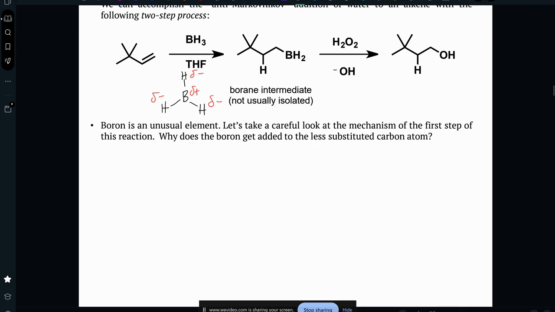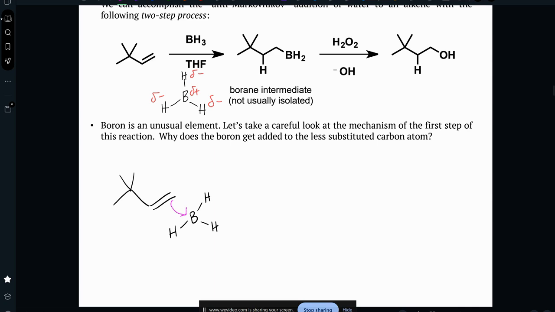So if we think about this reaction, I've got my alkene, and I'm going to do a Markovnikov addition in this first step, where I'm going to have my alkene attack the boron, and the boron is going to bond to the less substituted carbon.